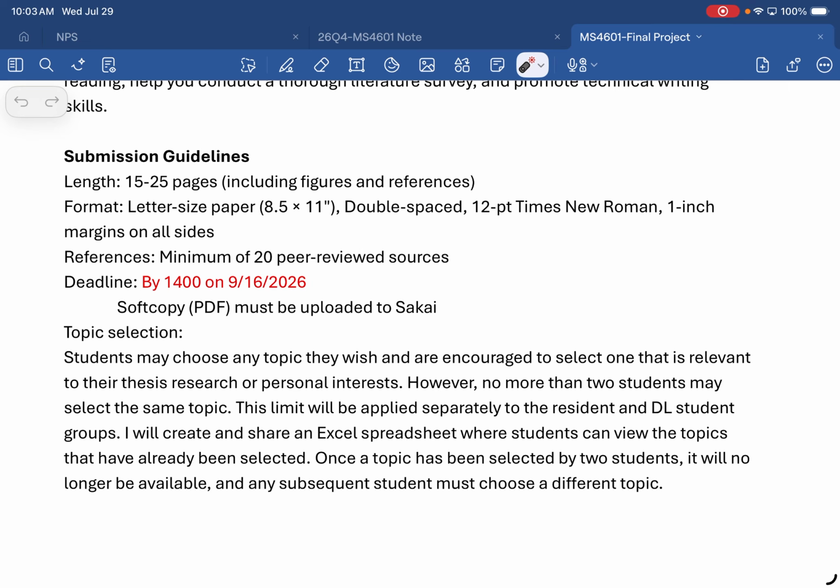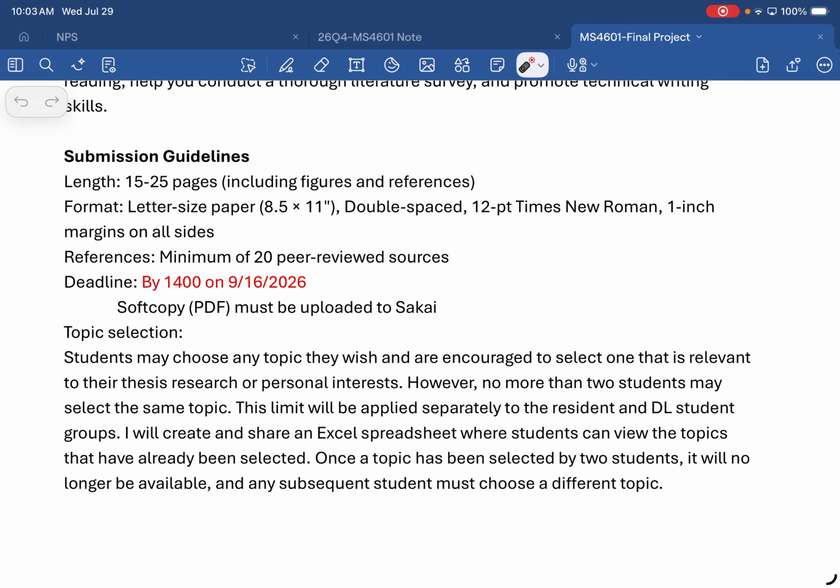This limit will be applied separately to resident and DL students. Resident students, as I'm going to discuss later, will present during the last 2 days of class. DL students will upload a recorded video, and among DL students, they will share the videos within that group.